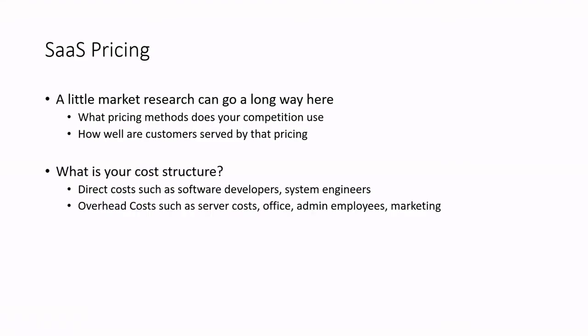In addition to that, you want to take into consideration your cost structure, your direct costs, which may include software developers, system engineers, and others, as well as overhead costs such as server costs, office administration employees, marketing and promotion costs. And then finally, when looking at potential pricing options, we need to think about what our growth and our profit goals are.